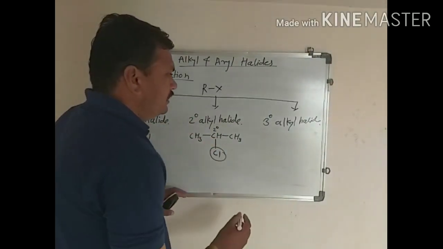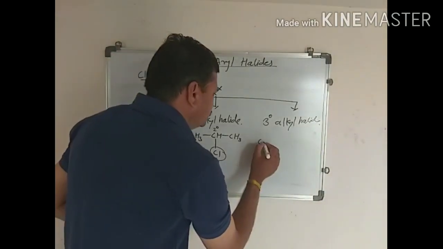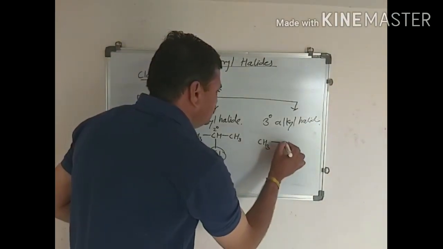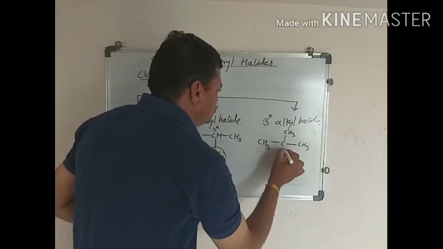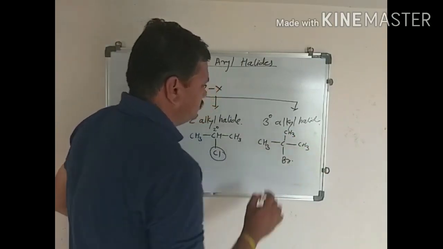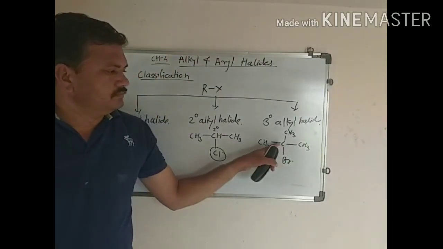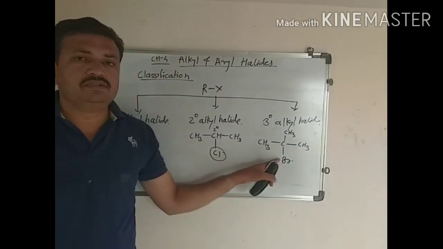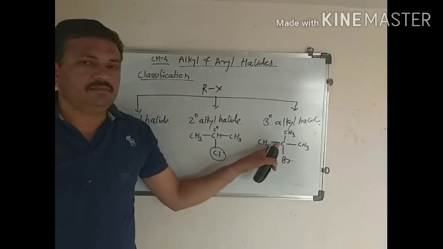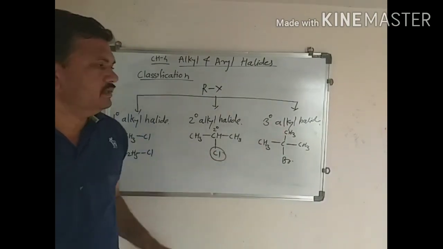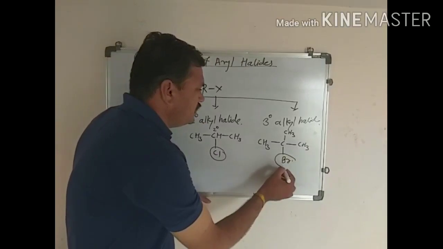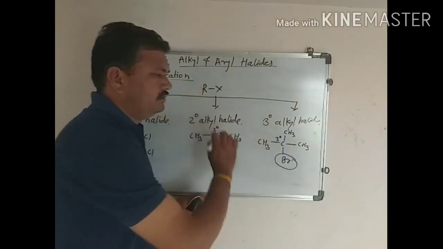For tertiary alkyl halide, example it is (CH3)3CBr. This carbon atom to which the halogen atom is attached is a tertiary carbon atom. Therefore, this alkyl halide is known as tertiary alkyl halide.